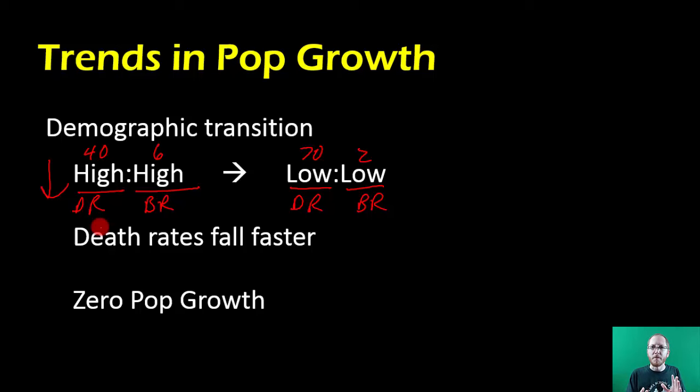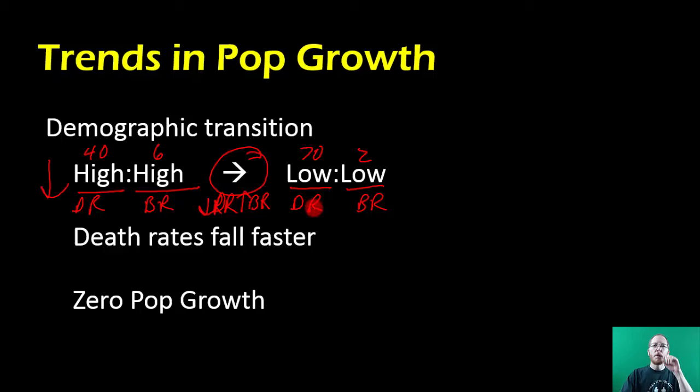But in that interim, where you're healthy with big families, that's where we get the most growth. So a lot of these countries that are right in the middle of this process tend to be the ones growing the most because we brought them basic medical care with antibiotics. And so their death rates are plummeting, but their birth rates still remain high. And so overall, that is a recipe for huge population gains.